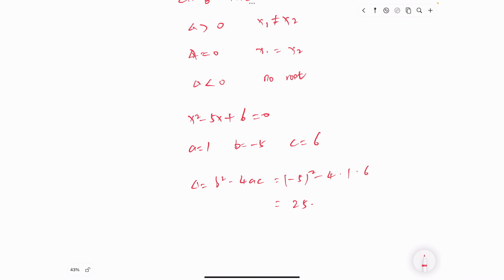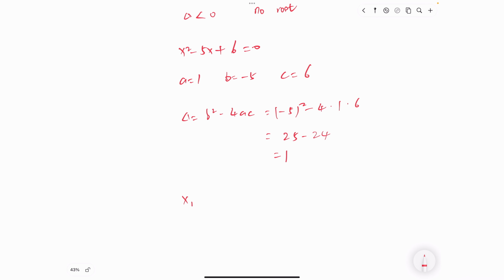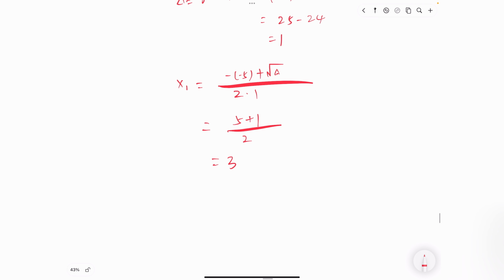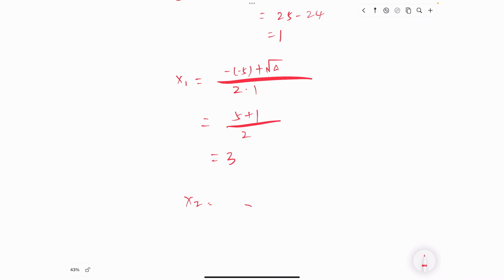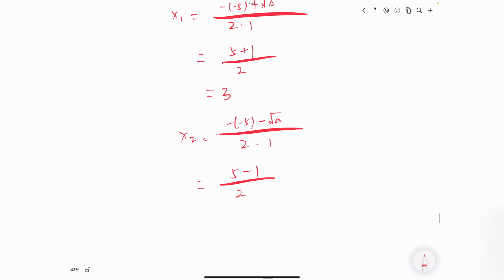So we have 25 minus 24, which is 1. x1 equals negative b plus square root delta over 2 times 1. So it's 5 plus 1 over 2, that's 3. x2 equals negative b minus square root delta over 2 times 1. So it's 5 minus 1 over 2, that's 2.